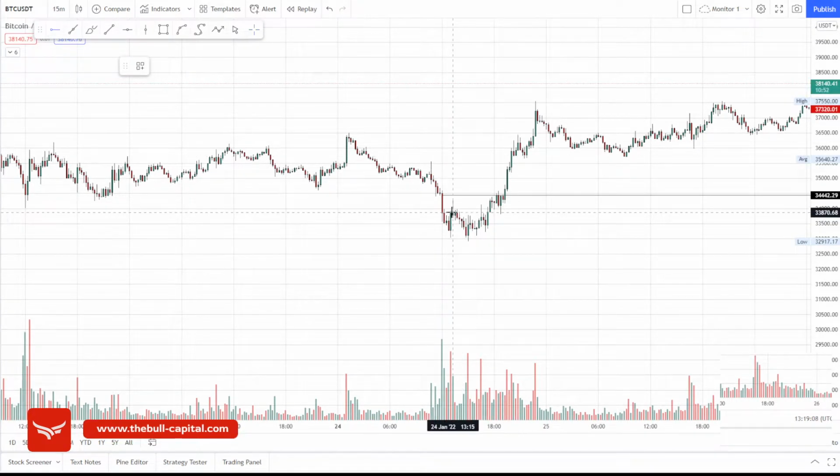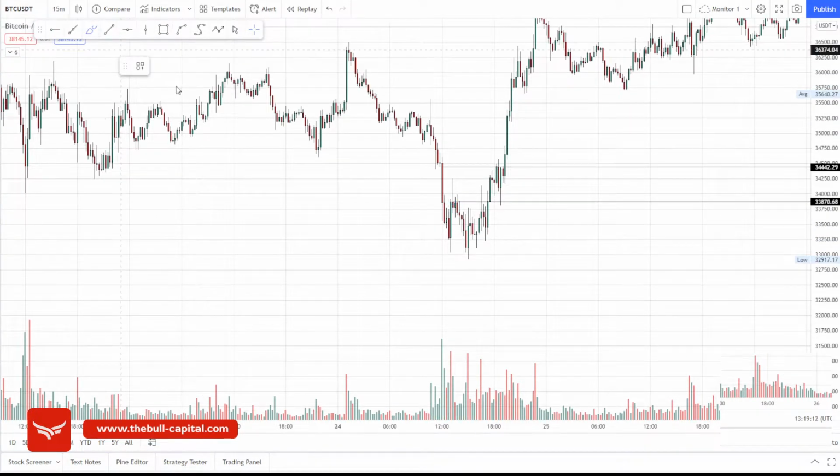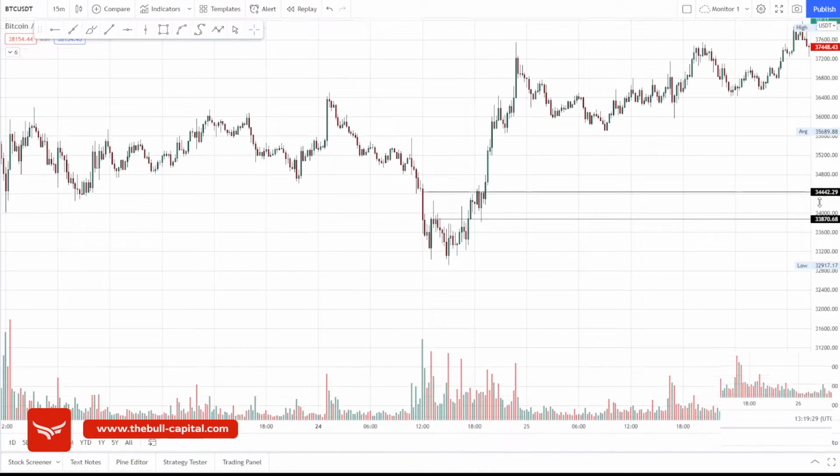We also have this one, but this one already has been tested here and bounced up from this level. So this one already has been tested. This is the next one. This one has not been tested yet, so it's valid in the future.